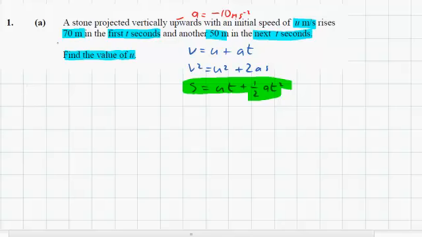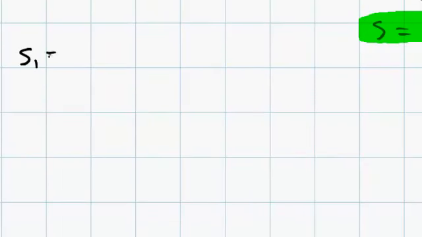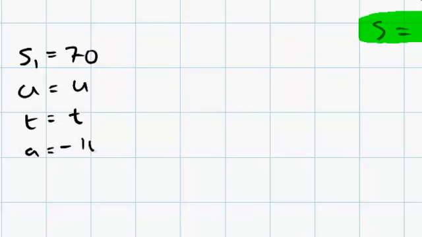Now there's two sections to this, so that's the first section and then that's the second section. The way I do this is to imagine the first displacement, s1, is equal to 70, u equal to u, t is equal to t, a is equal to minus 10 meters per second squared.